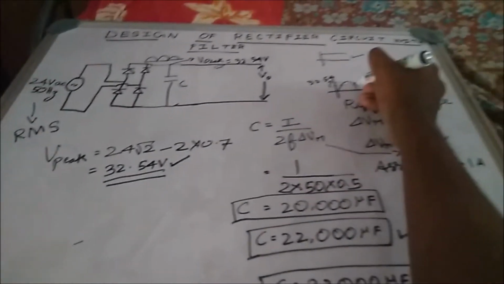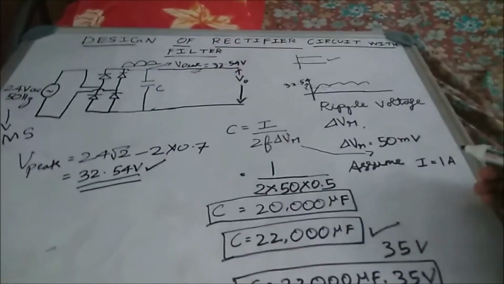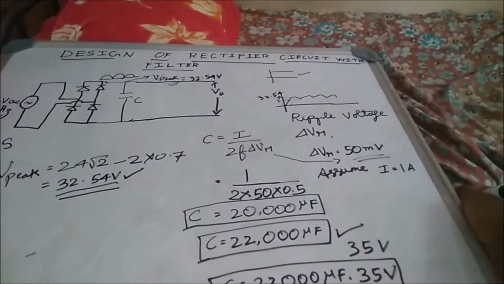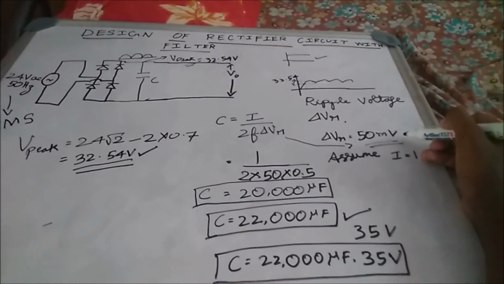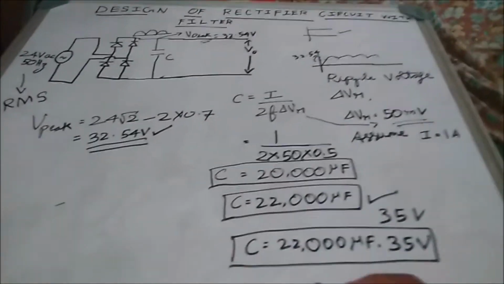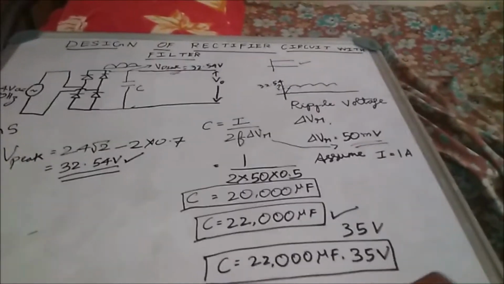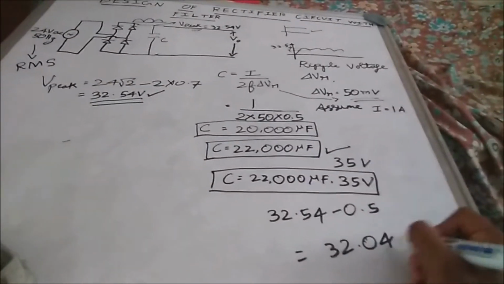And what is the value here? Since we have assumed the ripple voltage to be 0.5 volt, we need to subtract: 32.54 minus 0.5, we'll end up getting 32.04 volt.